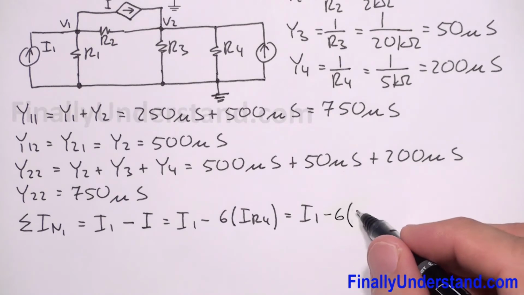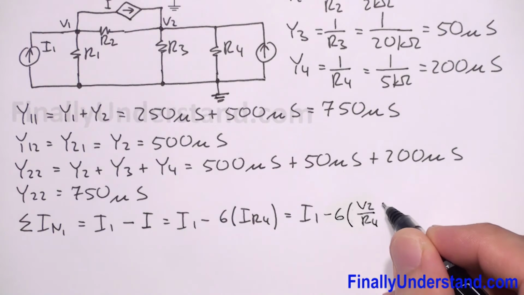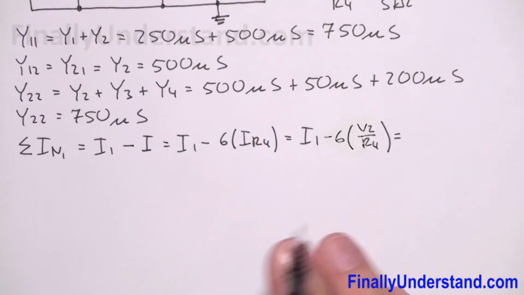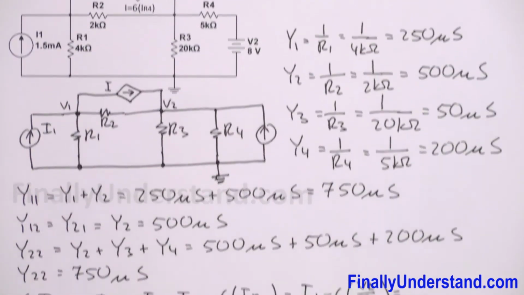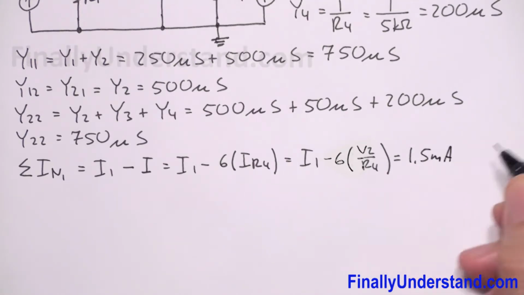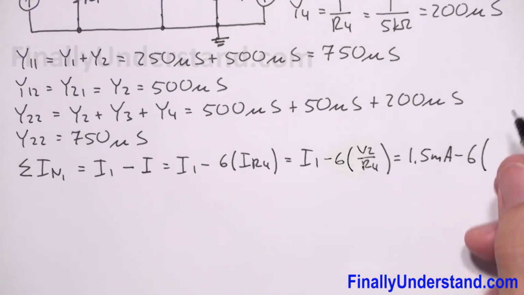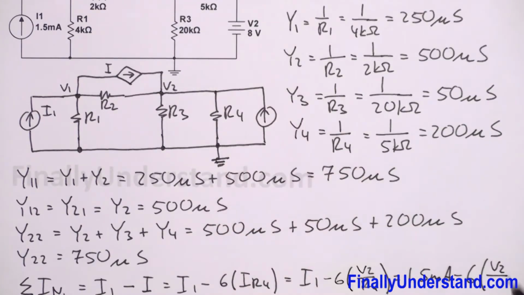That's why I'm going to write that this is V2 over R4. So this is equal, I1 is given as 1.5 milliamps. So this is 1.5 milliamps minus 6 times V2 over R4. R4 is equal to 5 kilohms. So this is 5K.